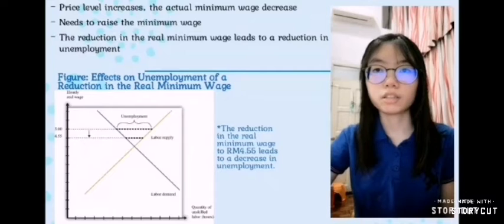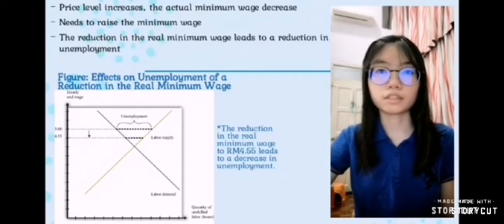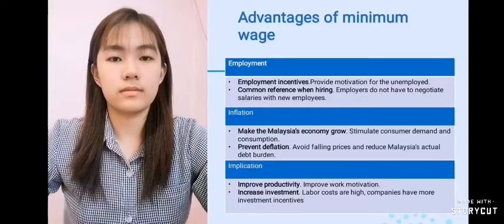Congress has allowed the Asian minimum wage to drop significantly from its highest point. The reduction in the real minimum wage also leads to a reduction in unemployment. As shown in the figure, the impact of real minimum wage reduction on unemployment.